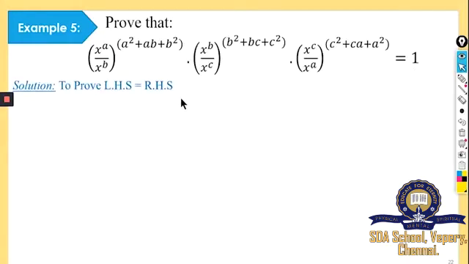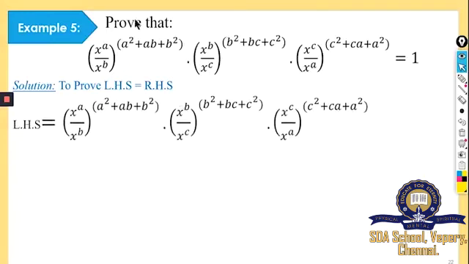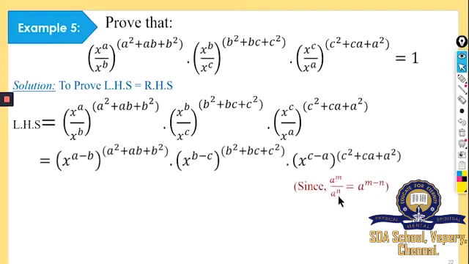So now we are going to take the LHS term first. So that is what I've written. I'm taking the LHS term first. Now if you observe here, this is in the form of a power m by a power n, right? So we have studied one law. A power m divides a power n equals a power m minus n. So applying this law, we will get a power m minus n.